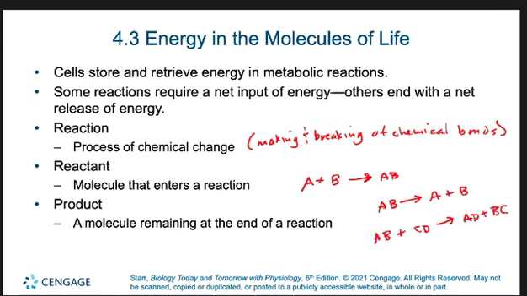Just different ways things can go. We can hook things together, we can bust things apart, or we can change dance partners. Okay. So this is an overview of how this works, right? Now, which way the reaction goes depends on the energy, right?